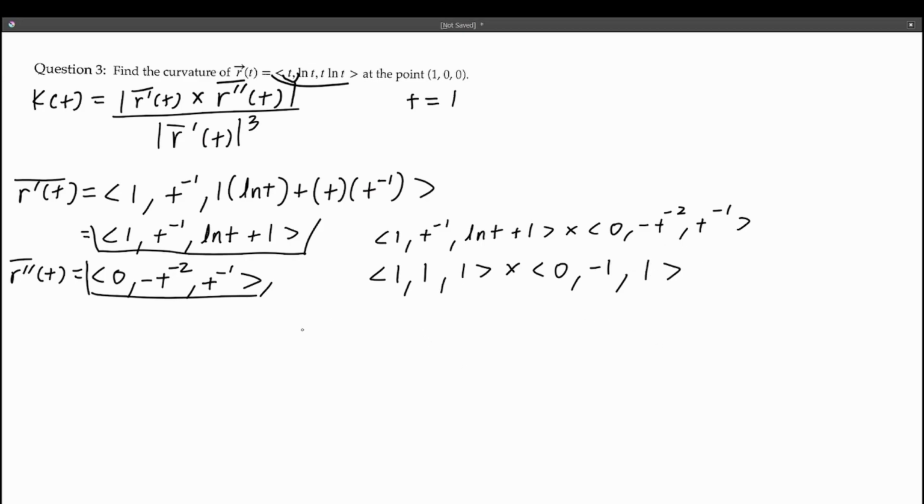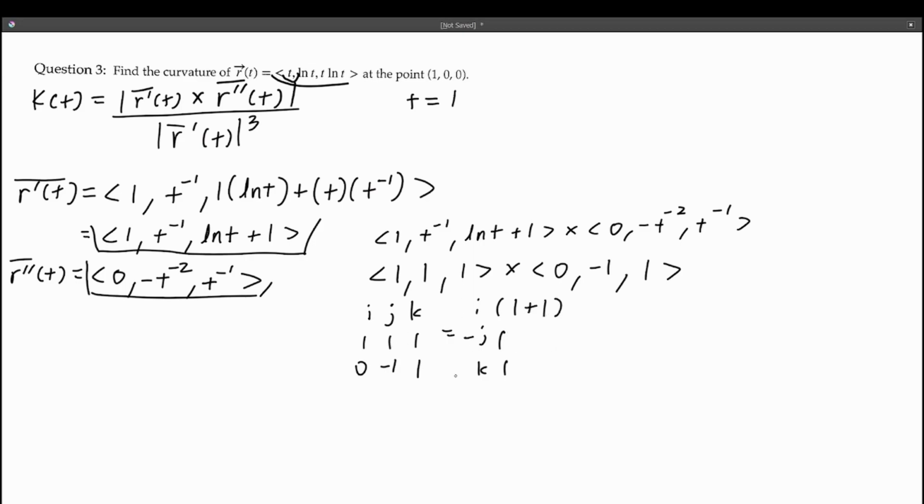So then we take the cross product, with i, j, k. This is the first derivative, ⟨1, 1, 1⟩, and the second derivative, ⟨0, negative 1, 1⟩. Then we'll write this out as i, negative j, and k. So for i, the cross product is 1 times 1 is 1, minus negative 1 times 1 is negative 1, so that's plus 1.